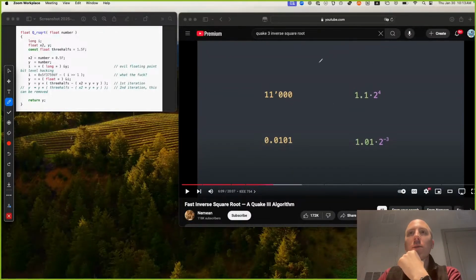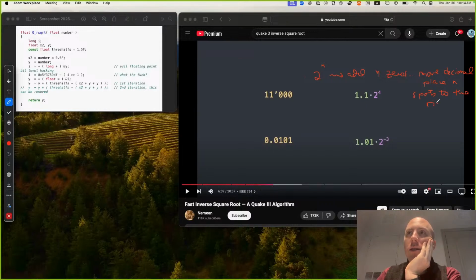Because when you multiply by 2 to the n, you basically just add n zeros. More specifically, you move the decimal place n spots to the right.